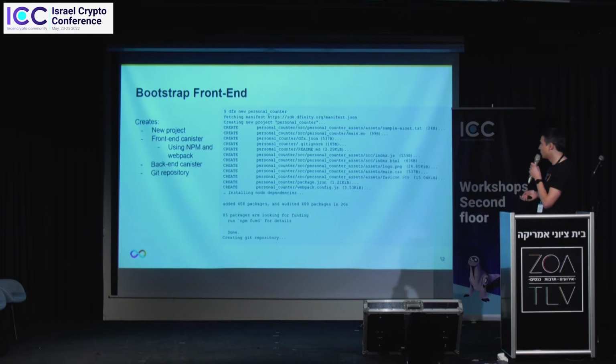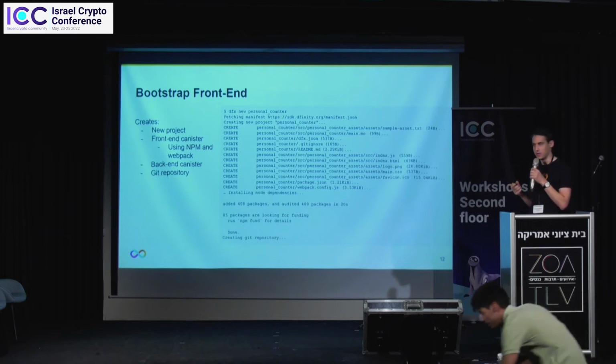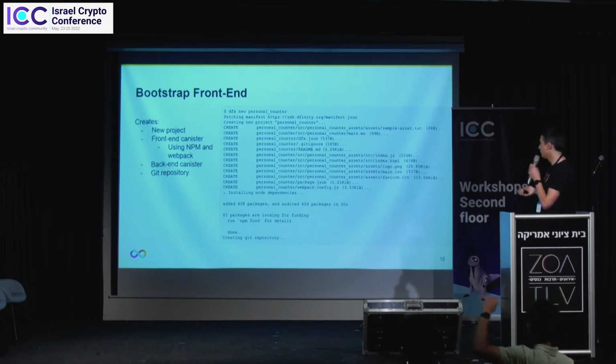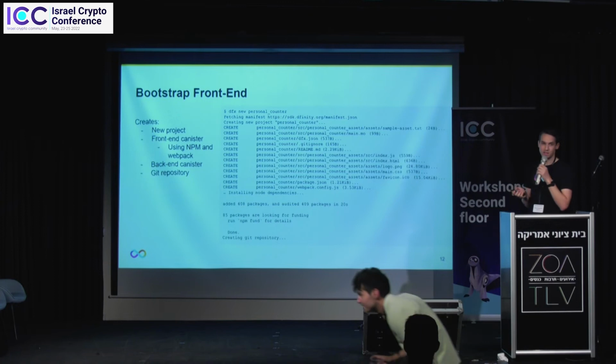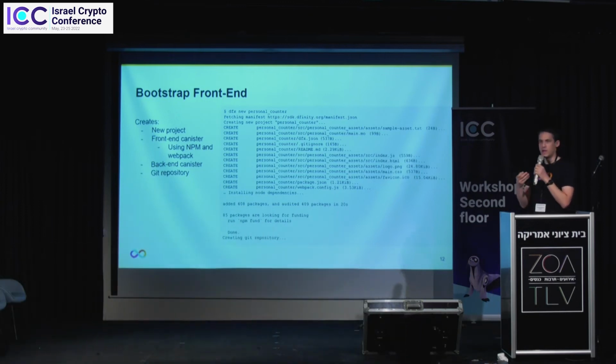And then we have the source folder. In the source folder, we have two subfolders, one for the backend, which is just named personal_counter and should contain a Motoko file called main.mo. And then there is also another folder, personal_counter_assets, which has the front-end files. And in there you have some JavaScript, some HTML, a logo, some CSS, a favicon, some random test asset to just make you aware that you can put anything onto this asset canister.